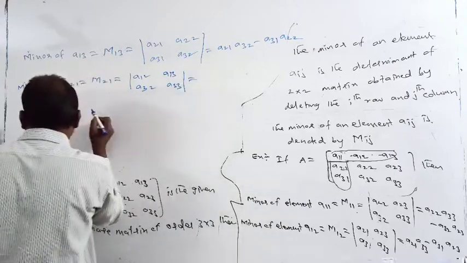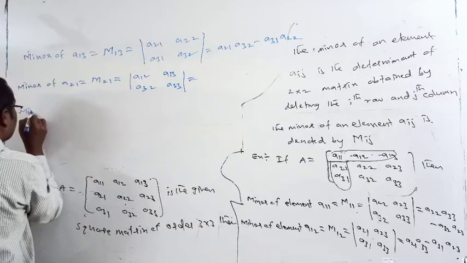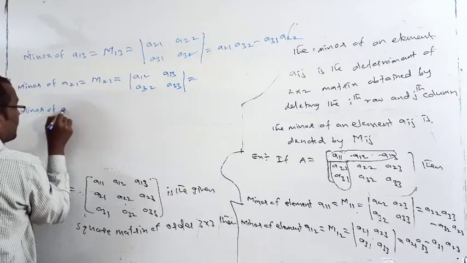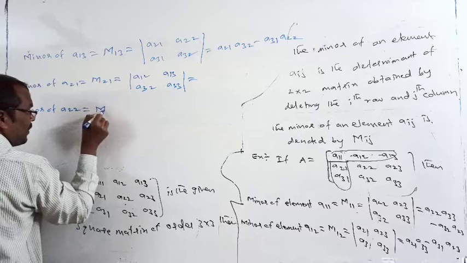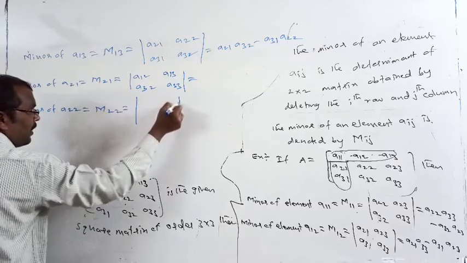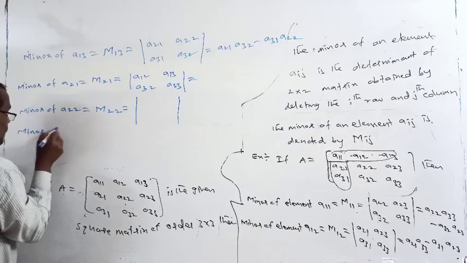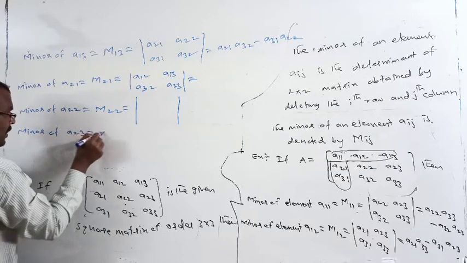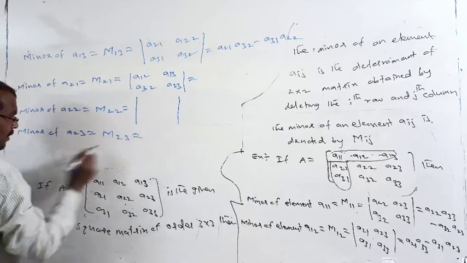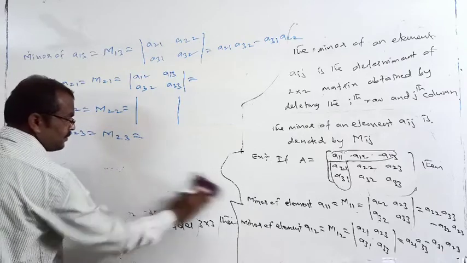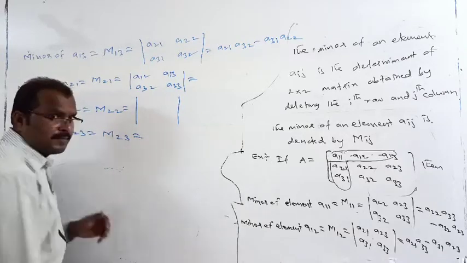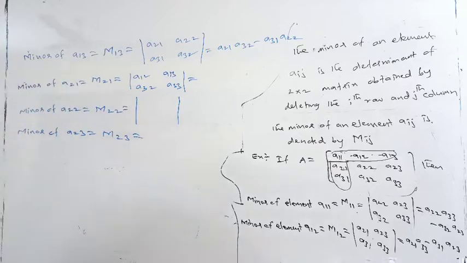Next, the minor of A22 is denoted by M22. Next, the minor of A23 is denoted by M23. Six elements are over.